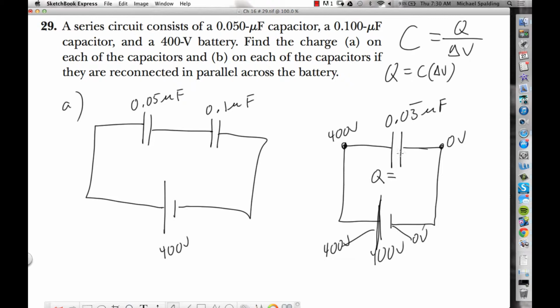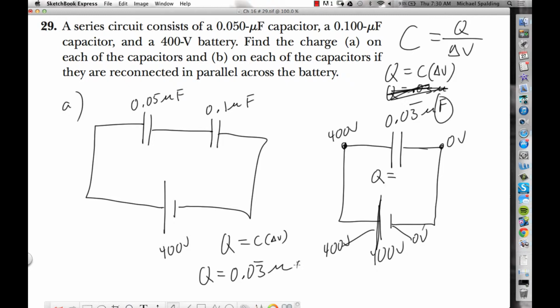So you're basically going to be multiplying 0.03. So capacitance is 0.03, and I would just leave this in microfarad. Let me go down here, I need more room. So Q equals C delta V, right? I would just leave the capacitance in micro. So that's 0.03 repeating micro. Now what's a farad?